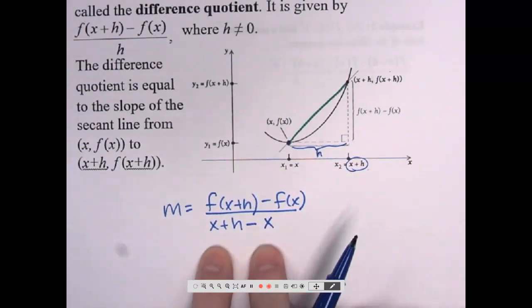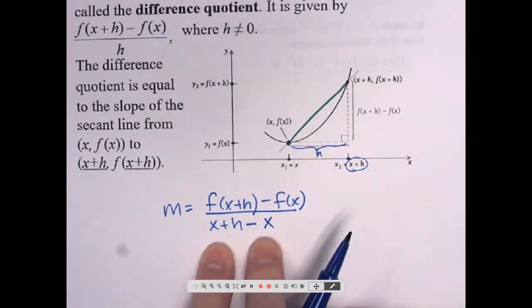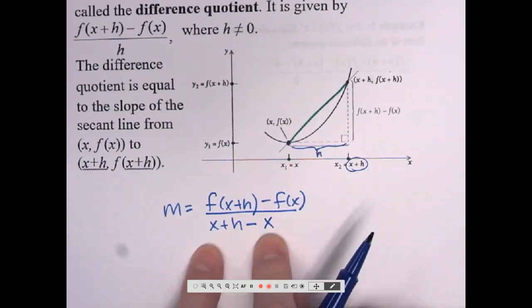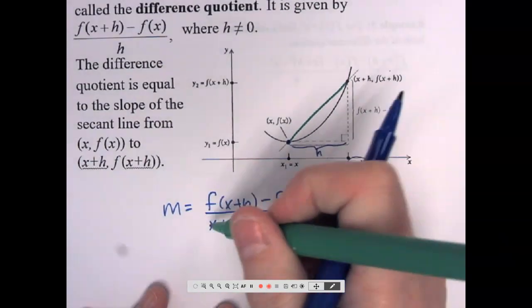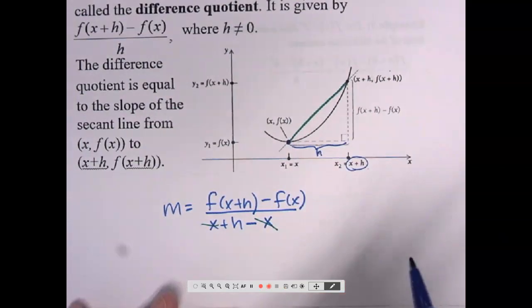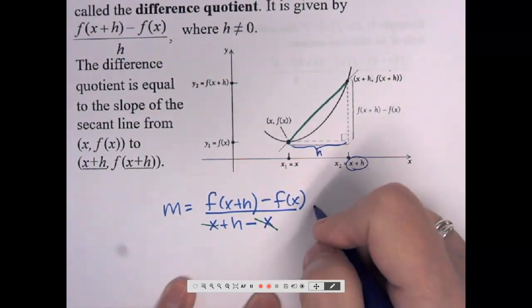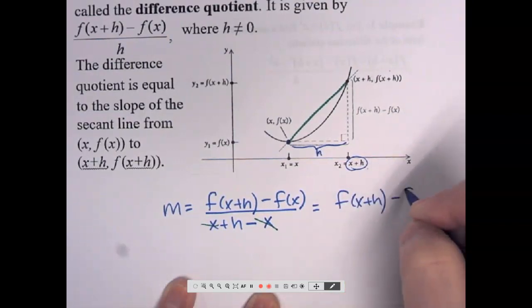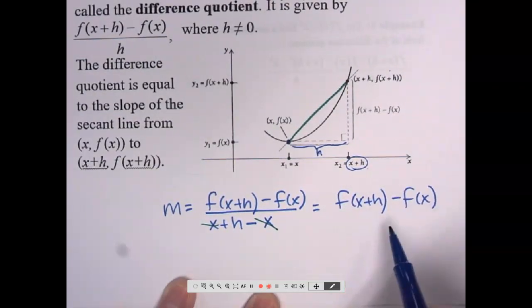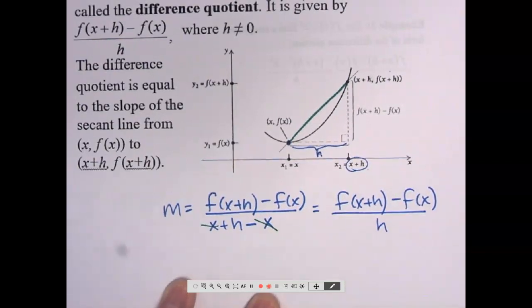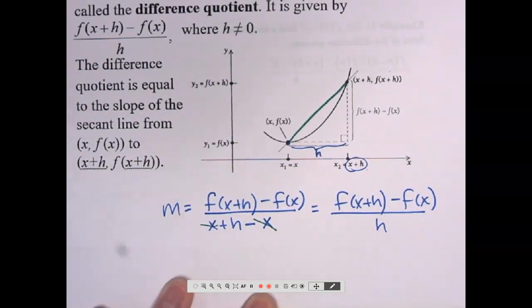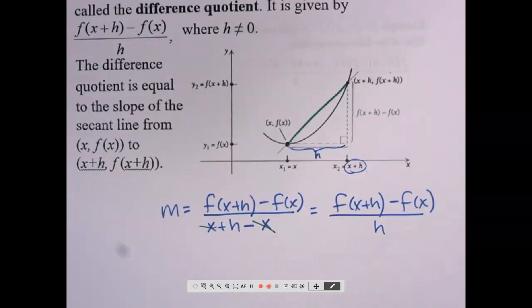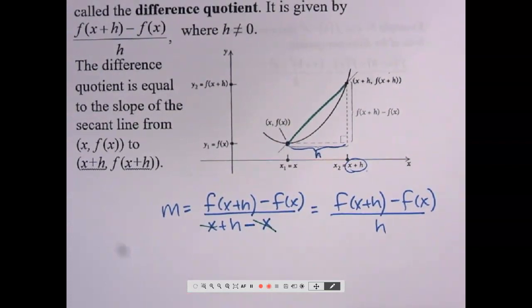Okay, well that denominator actually simplifies a little bit because I have an x and then I'm going to subtract an x. So those will actually cancel out. And I could leave this as f of x plus h minus f of x over just h. Okay, it's a whole bunch of letters, a whole bunch of variables, but is that concept okay with you?